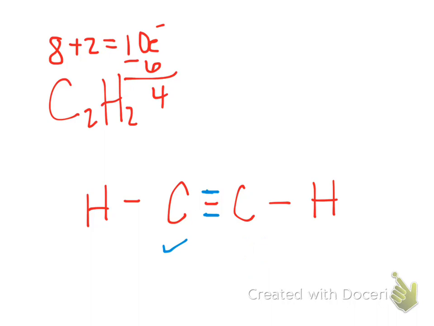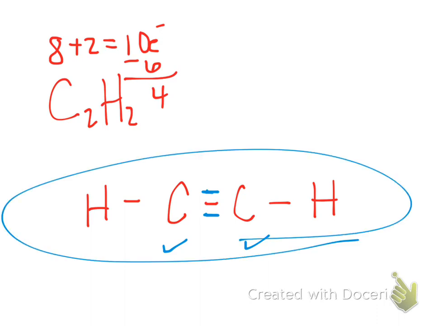Okay, so now each of our carbons has 2, 4, 6, 8. Both carbons are happy, and we've used a total of 2, 4, 6, 8, 10 electrons. Okay, so this is a complete and happy Lewis structure.